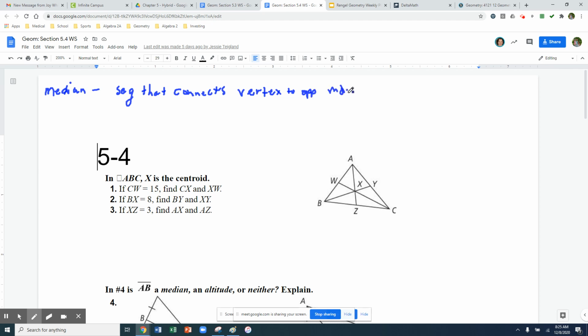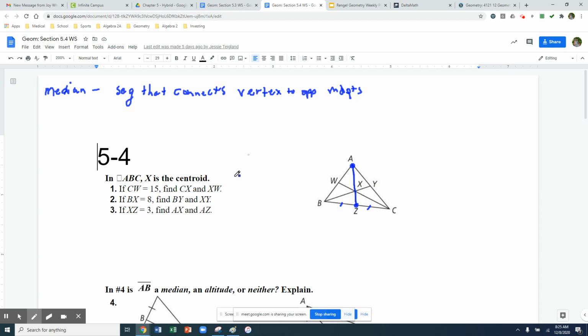On each triangle, you have 3 vertices, and on the opposite side, you can find the midpoint, which is the point that splits your segment into 2 equal parts. The median is then the segment that connects your vertex to the opposite midpoint.